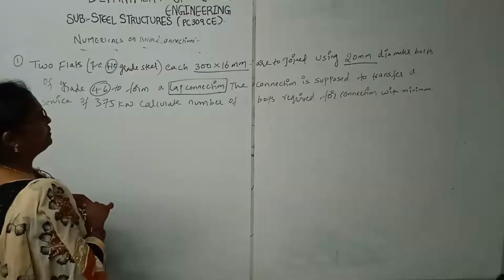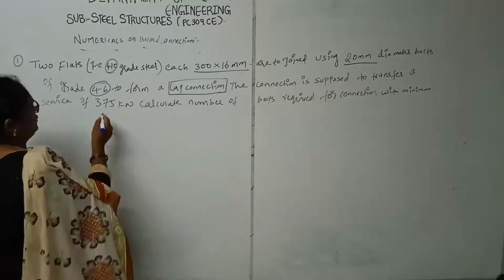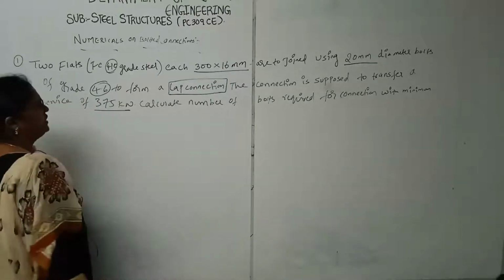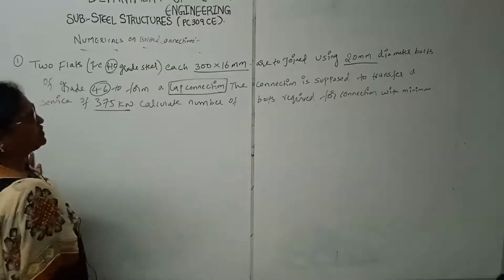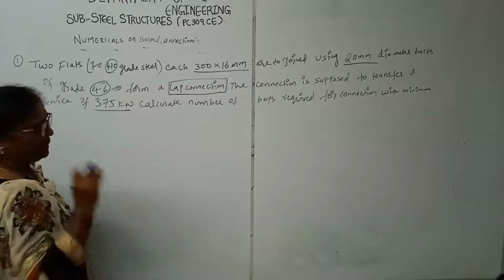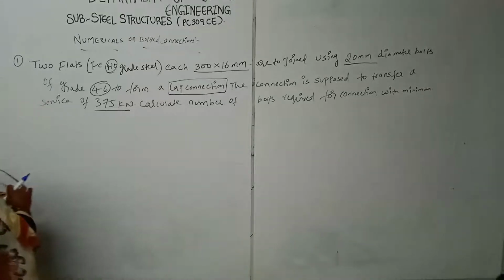The connection is supposed to transfer a service load of 375 kilonewtons. Calculate the number of bolts required for the connection with minimum pitch.